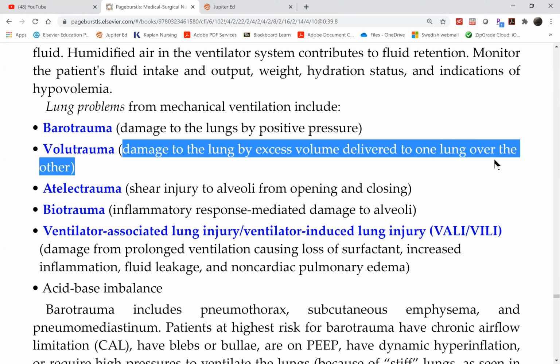So what would cause the first one, the barotrauma? Would that be like a high pressure support? No, it's more of, when the lung gets stiffer, the lung compliance decreases. Let's say the patient's lung goes bad during the therapy. Let's say our tidal volume was 400, but then the lung got stiffer. The patient develops pneumonia, for instance.